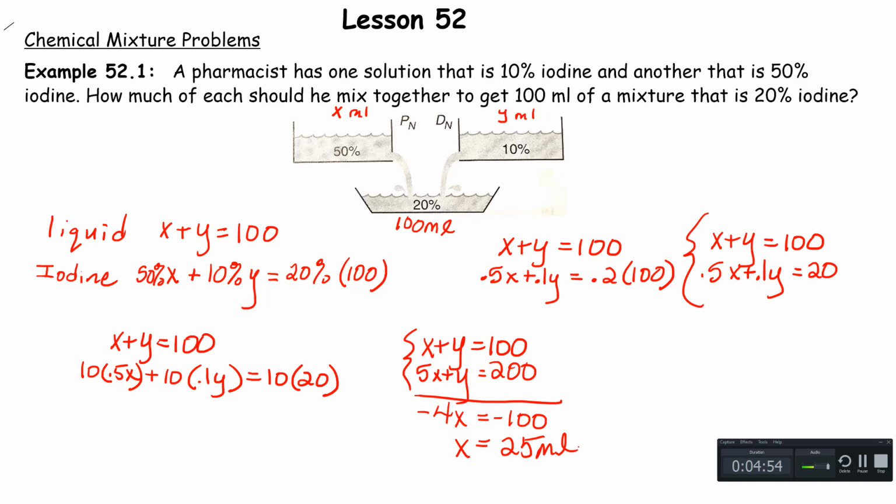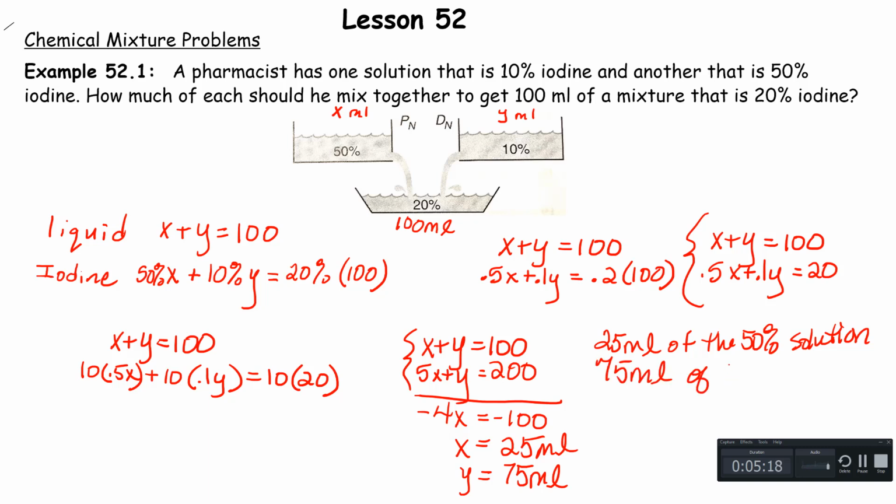If x is 25 milliliters, x plus y is 100, so y must be 75 milliliters. So my answer would be that I would need 25 milliliters of the 50% solution and 75 milliliters of the 10% solution.